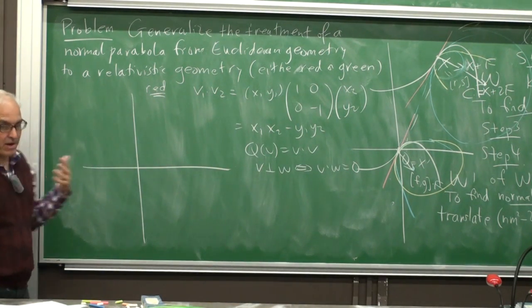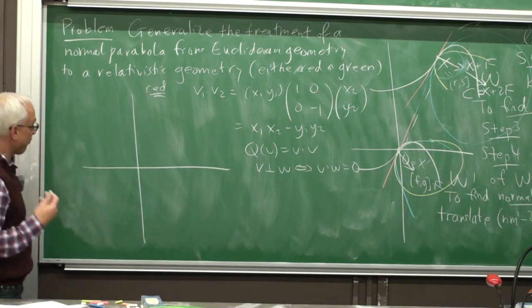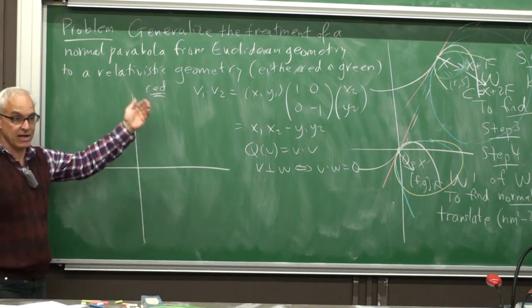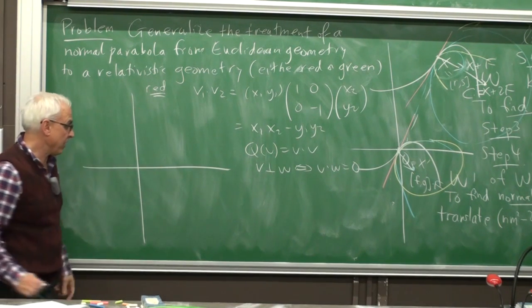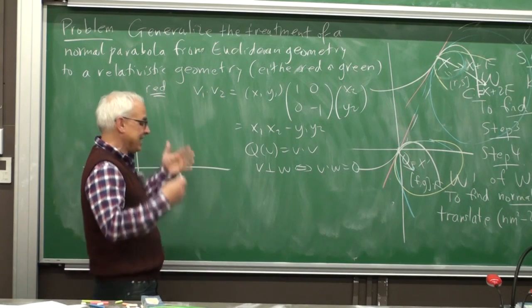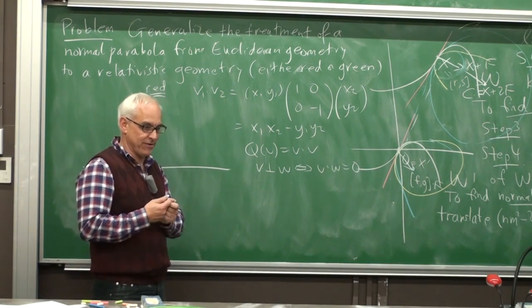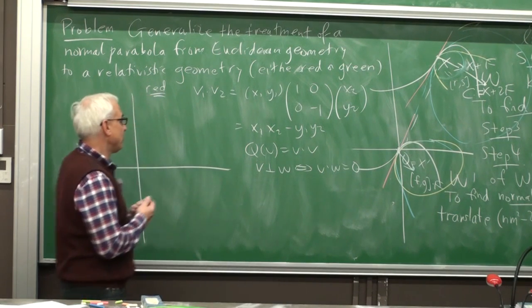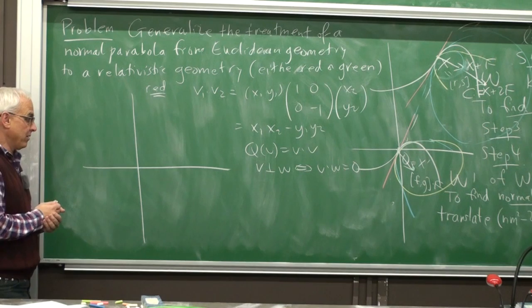All right, so can we mimic the story of the parabola in this case? Does it make sense to talk about what a parabola is in a relativistic setting? Well, yes, it does. In fact, we just do exactly the same thing that we've done, but the formulas are a little bit different. It's instructive to have a look at what the differences are.